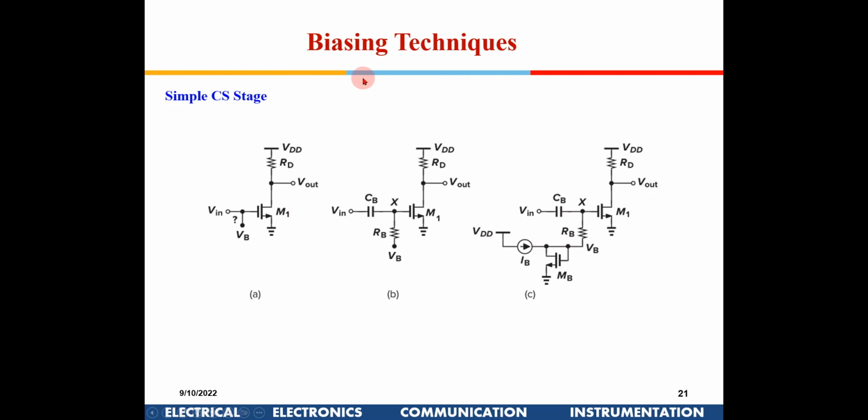Let's start now. We learnt about all these current circuits. Basically we are generating all these reference voltages to bias circuits, correct? So now this is a simple CS amplifier where I need to give a bias voltage and an input signal. I will give the bias signal out here.